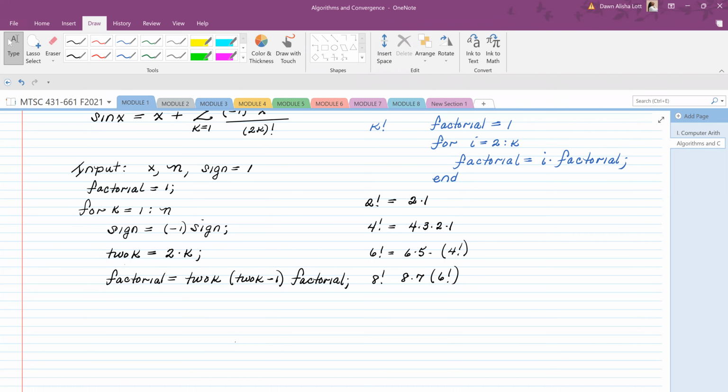So now sum is going to equal, well, we're going to take the sign, multiply it by our x to the 2k, and then divide that by factorial.